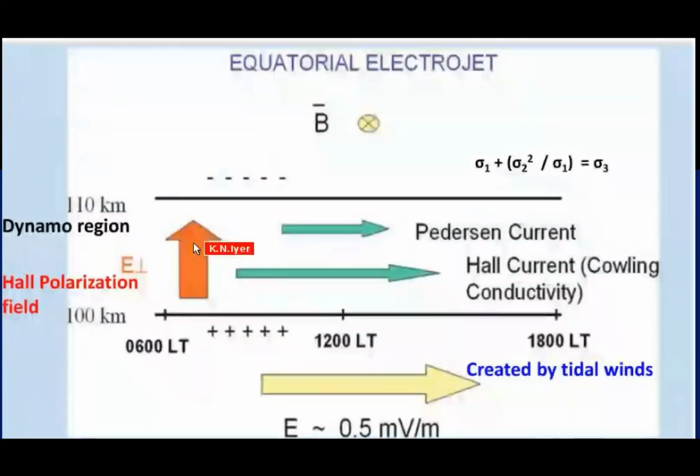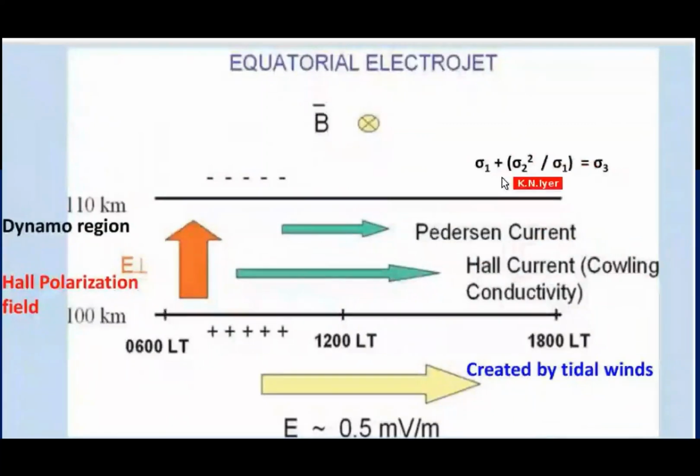This vertical electric field, again crossing with the northward magnetic field, gives rise to an increased current in the eastward direction. So this is the actual current due to the Sq, and this is the increased current due to this. The electrojet is happening because of this additional phenomenon of the vertical polarization electric field and the resulting increased Hall current, whose conductivity is sigma 2.